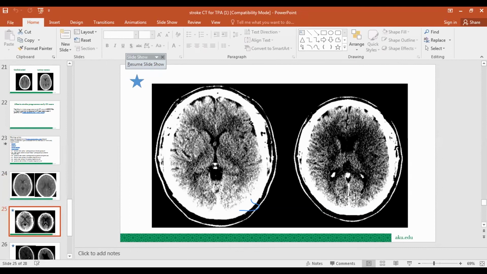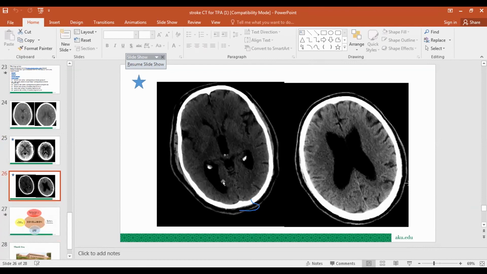But the left frontal lobe pattern of the gray and white matter differentiation is preserved. It's almost similar to the right side. And when we go just one level above, at the level of M4, 5, and 6, there is again loss of gray and white matter differentiation in each gyrus. So this patient has the ASPECTS score of 1.